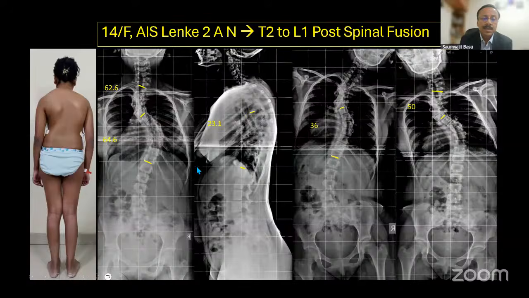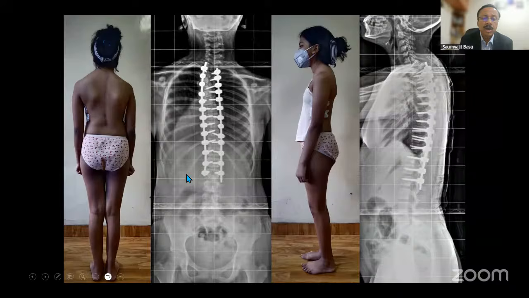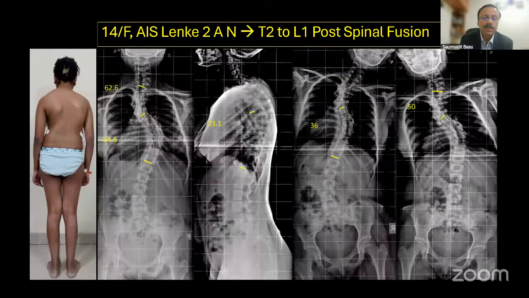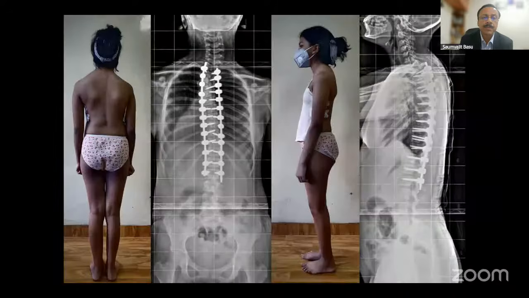And in this case, you have to go down below to L2 so that you get a horizontal L2 balanced over the horizontal pelvis. And here I could get 50% of the correction of the left shoulder up. Still, there is a little bit of left shoulder up, but if you consider it from the previous X-ray, previous clinical pictures, it's a lot better.